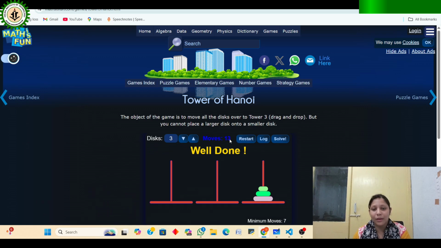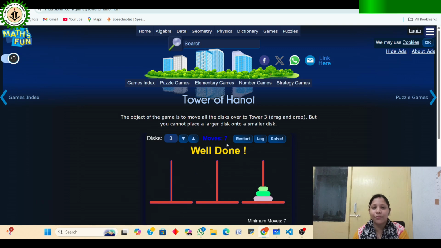Okay, you can say that here it is showing 13. So I am starting from here. See, then n minus 1 from source to auxiliary via destination, then nth disk from source to destination, then n minus 1 disks from auxiliary to destination.